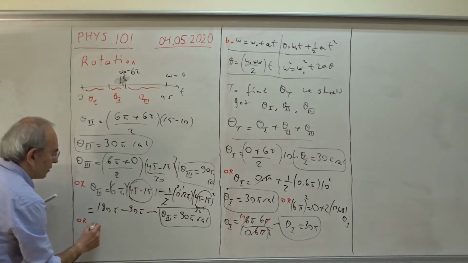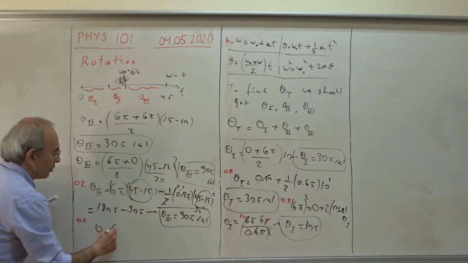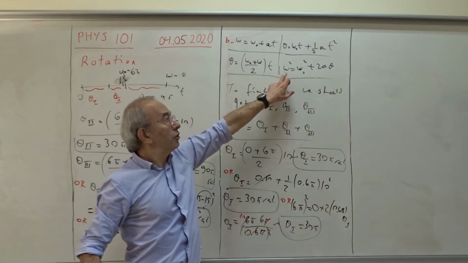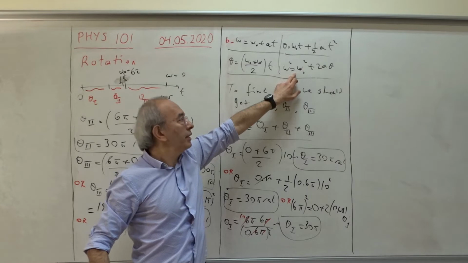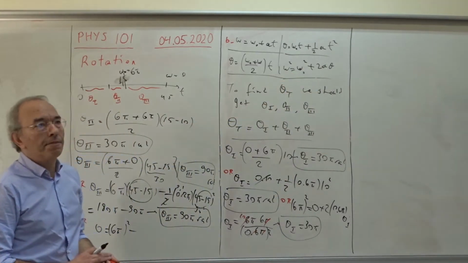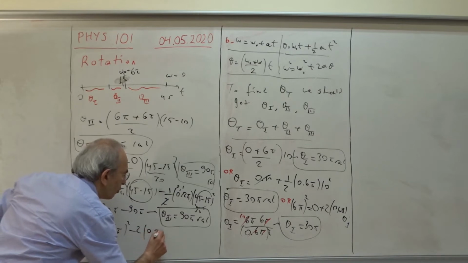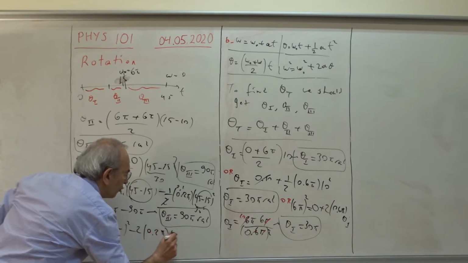Omega squared, final speed is 0. Initial value is 6 pi squared, 0 now, 6 pi squared, 2 alpha theta. What is 2 times alpha? It is 2 times 0.2 pi and unknown theta.